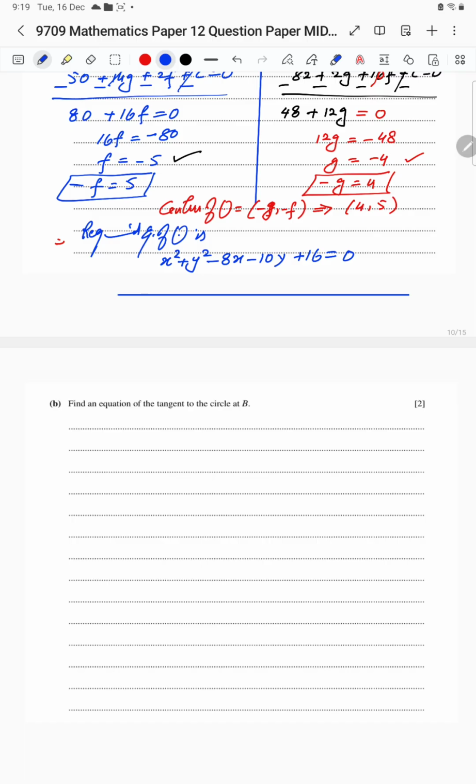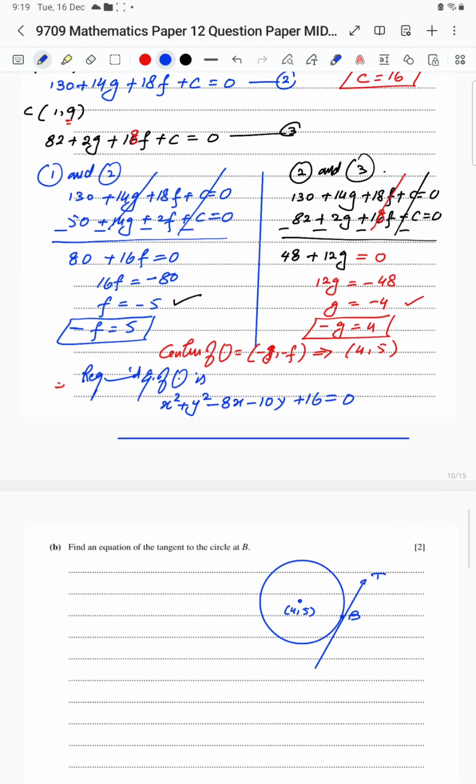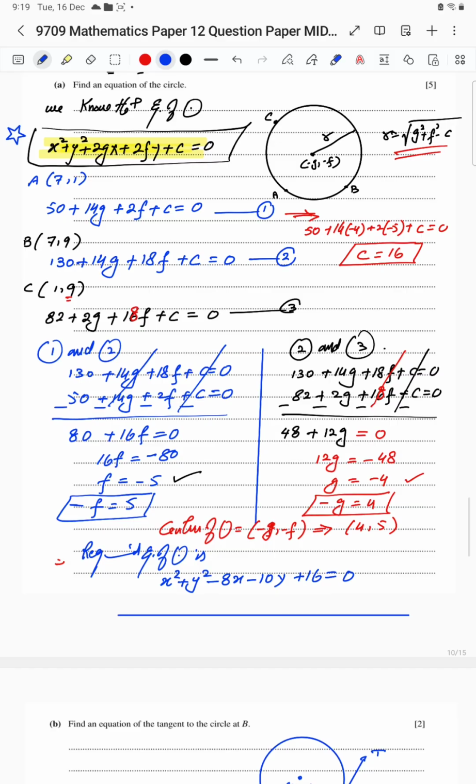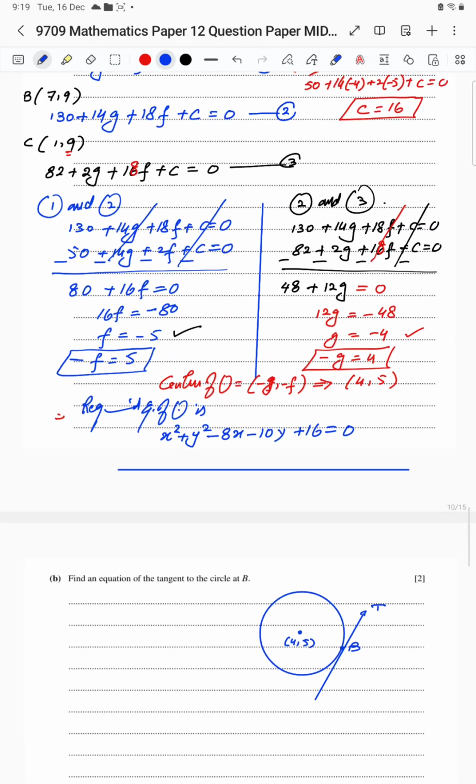Yeah, find an equation of the tangent to the circle at point B. So if B is here, this is the tangent. You have to define the equation of the tangent at point B. Already in the first part we have defined the center 4 and 5 and the radius as well.